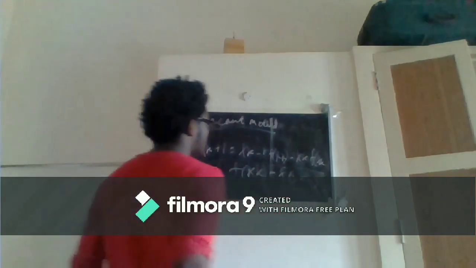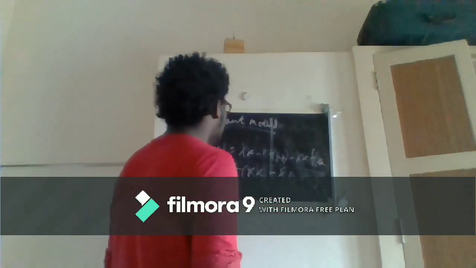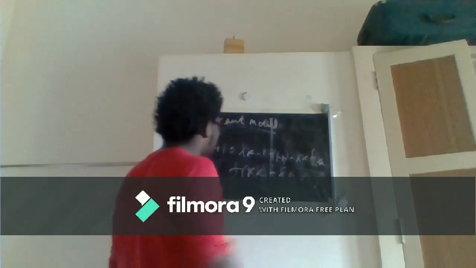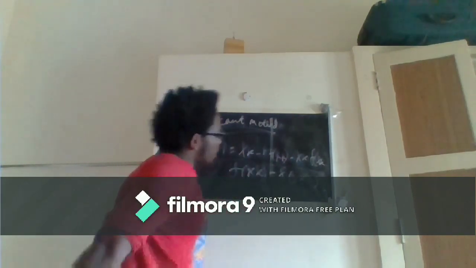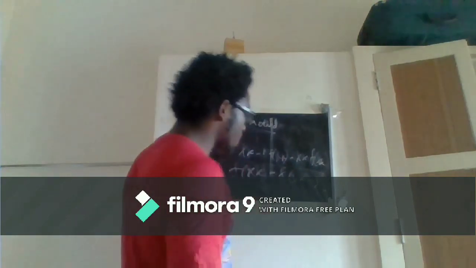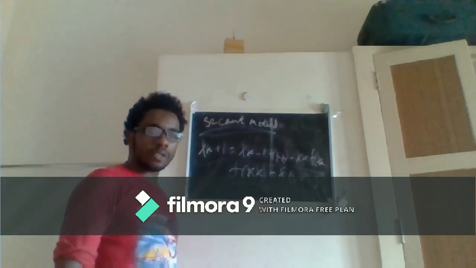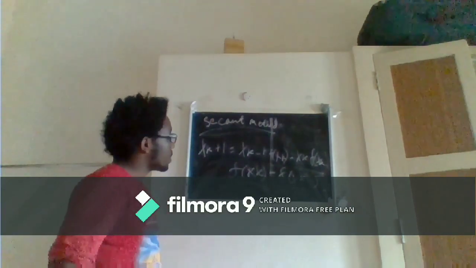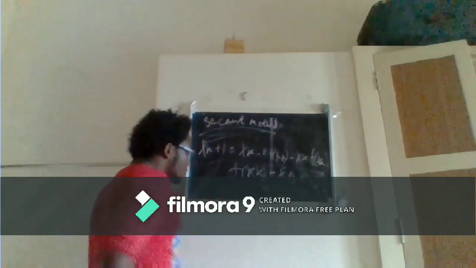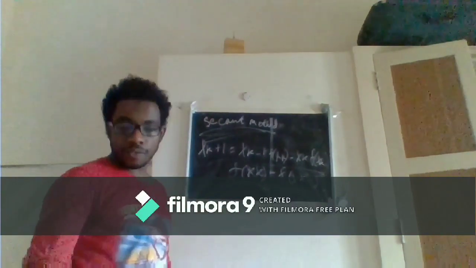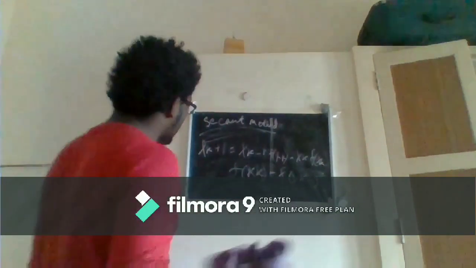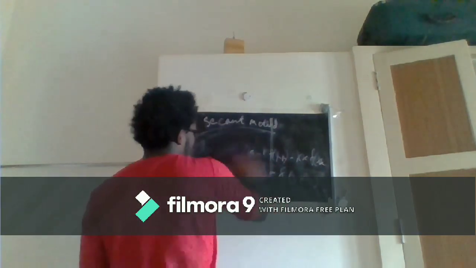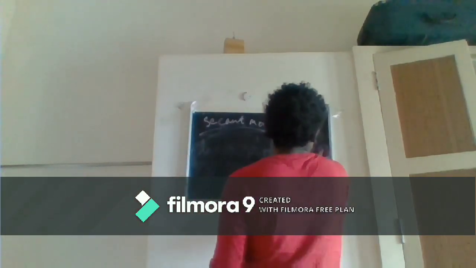This is the general formula to solve the given equation using the secant method. By using this formula, we can solve any question given to solve by this method. So I think we started this in the previous class.